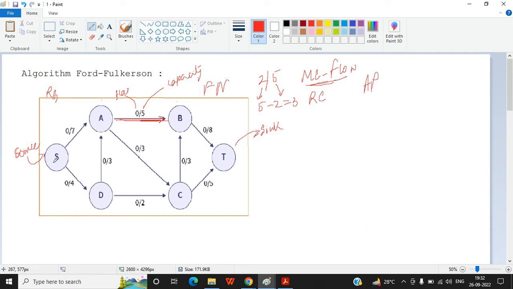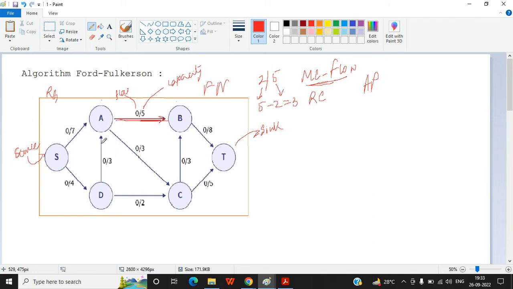An augmenting path is any path from source to sink with flow that is greater than 0. Initially it will be 0, but when we compute, these zeros will change. So an augmenting path is any path from source to sink with value greater than 0.